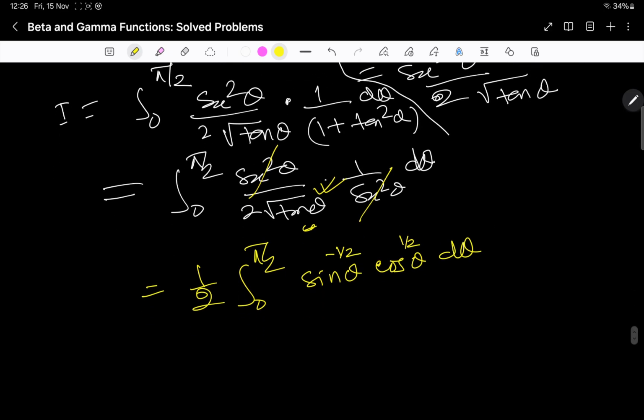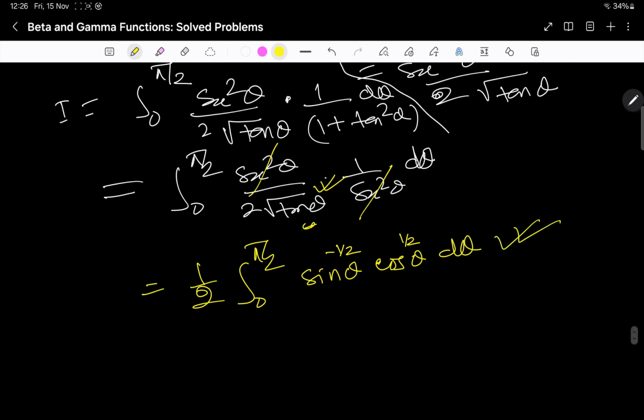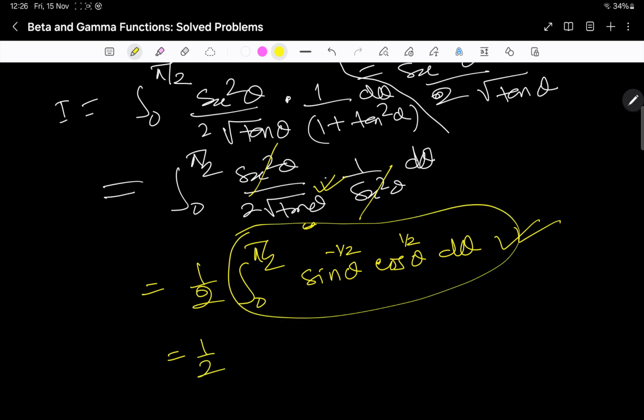Now we get the form of the beta function. So half is there, the integral from 0 to pi by 2 of sin to the p cos to the q is half beta. Minus half plus 1 by 2 is 1 by 4, and half plus 1 by 2 is 3 by 4.